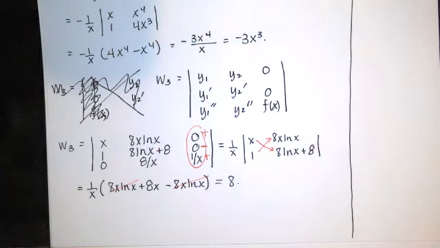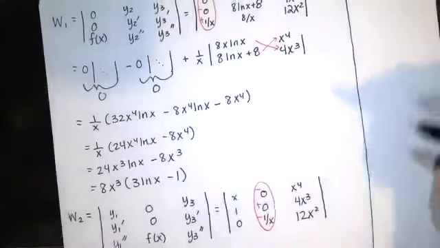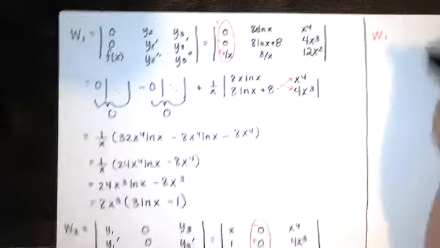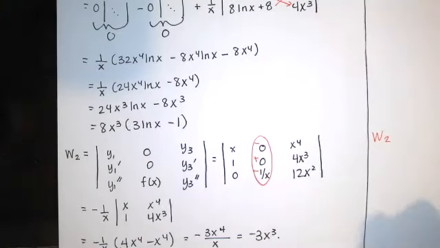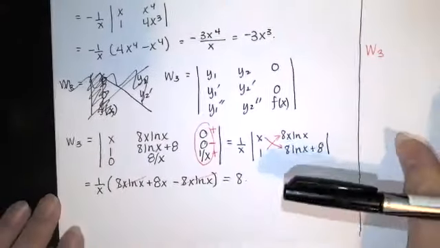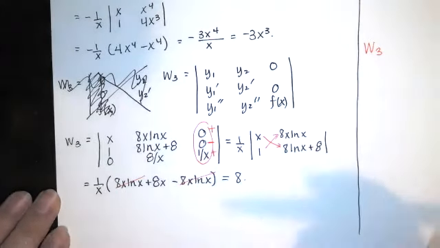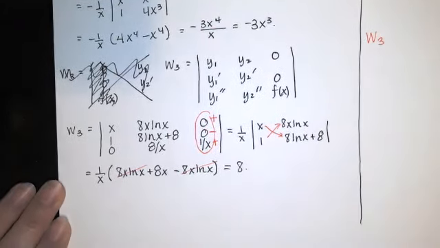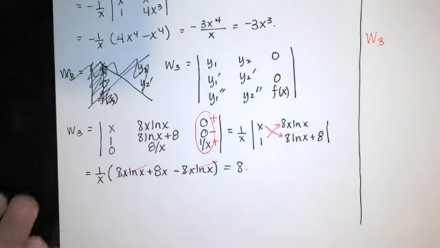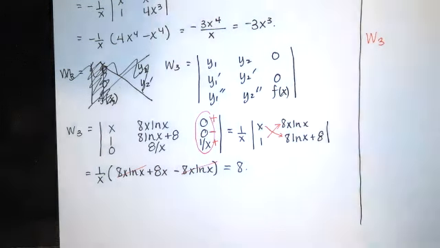Okay, so we've computed our W1, W2, and W3. Now we want to put those pieces together to come up with U1 prime, U2 prime, and U3 prime, and then we want to anti-differentiate.